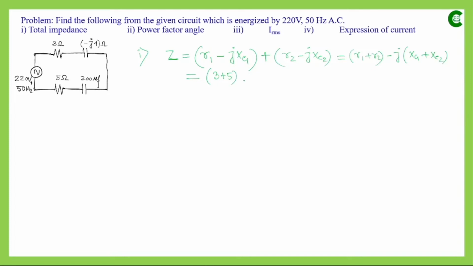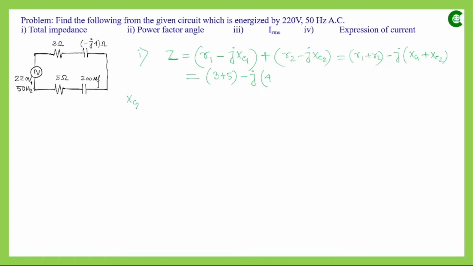So 3 plus 5, and minus jXC1 already has the value 4. The minus sign was already taken into consideration, so I'm writing only the magnitude, which is 4. Now for the second capacitor, the value of the reactance is not written, rather the capacitance value is given, but we can still find it out.